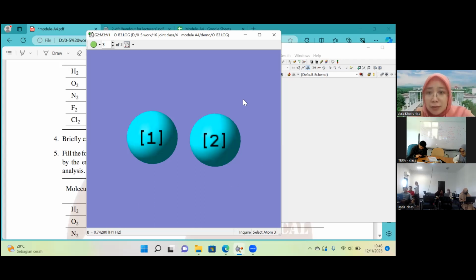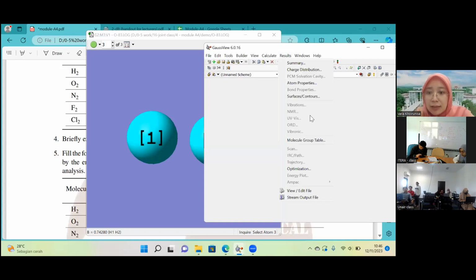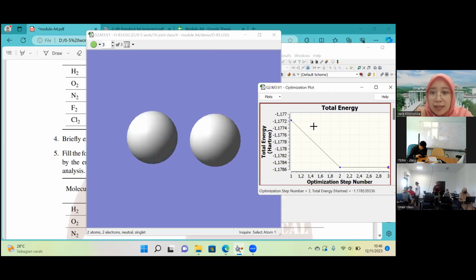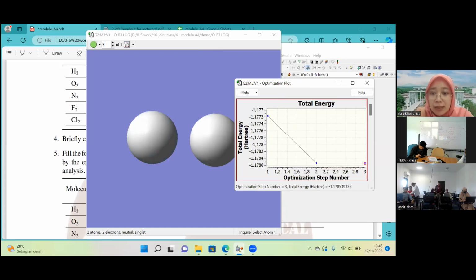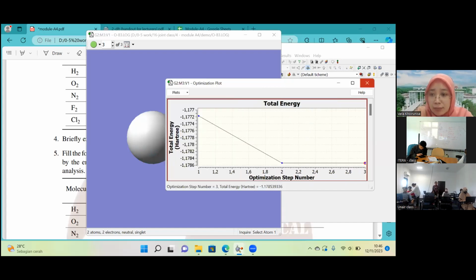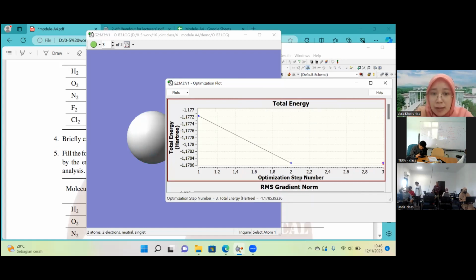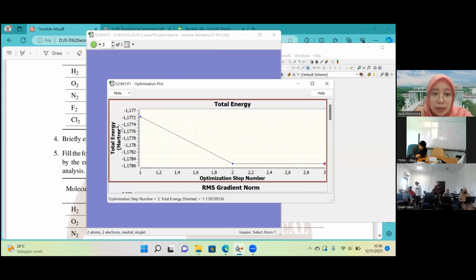You can also see in here the result, and then just click the optimization. And you will find the plot. So this is the optimization step number, and the total energy.